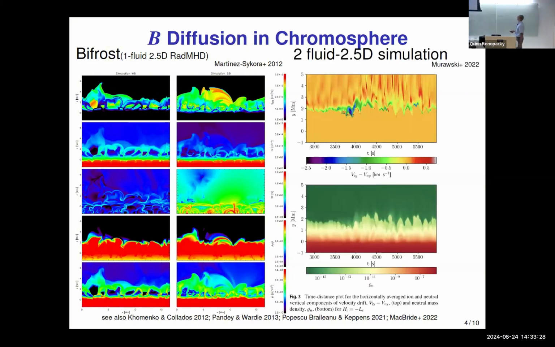In recent years, two-fluid 2.5D MHD simulation was done by Murawski et al. The top panel shows the drift velocity between neutral and charged particles. In the chromosphere, we can see a large drift velocity between these two components, which means that ambipolar diffusion is very important in the chromosphere.